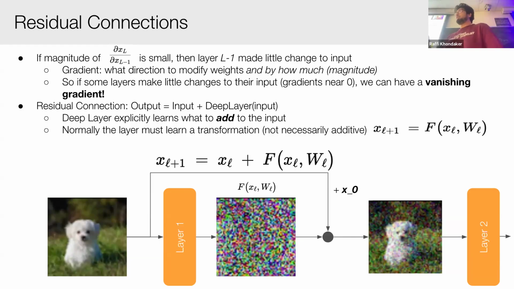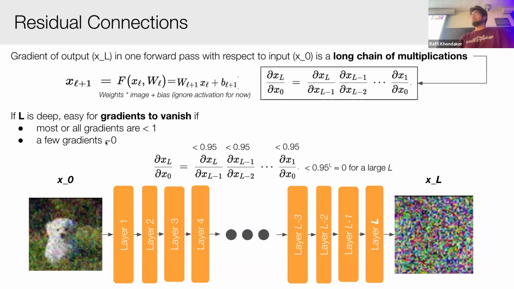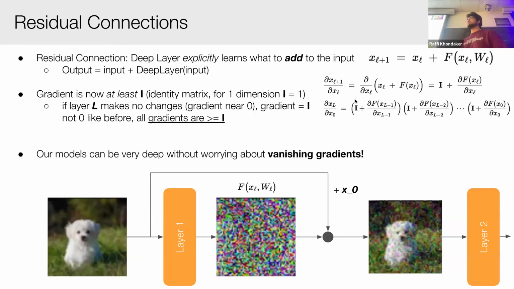If enough layers have little to no impact, in other words the gradient is near zero, the entire backpropagation is cooked. If one gradient is almost zero, meaning one layer doesn't change its inputs, boom, vanishing gradient. And if most of the layers make very small incremental changes to their input, also vanishing gradient, because those gradients are less than one.